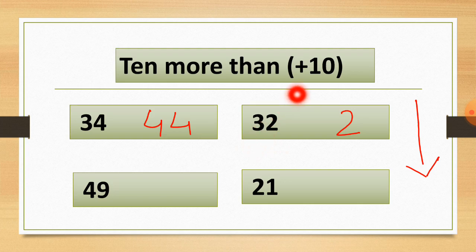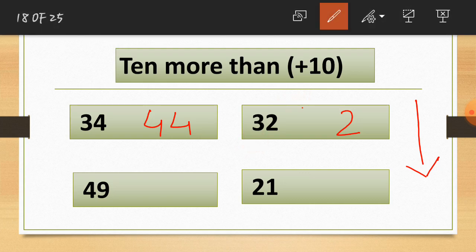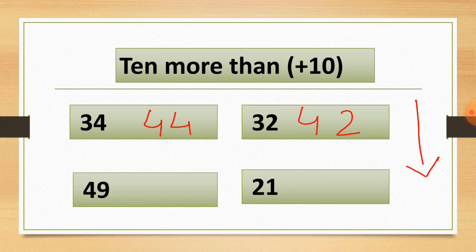Here we are adding the number, you can see the plus sign. So we have to add one number to this 3. So 3 plus 1 is equal to 4. So here we get the answer which is 42. If you add 10 to 32, you will get 42 as I show you. So this is how easy it is.